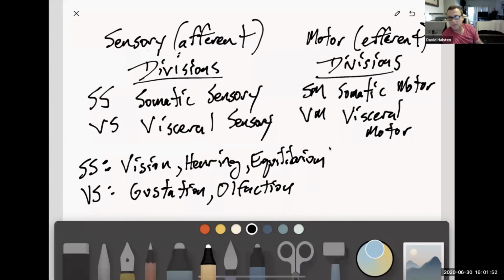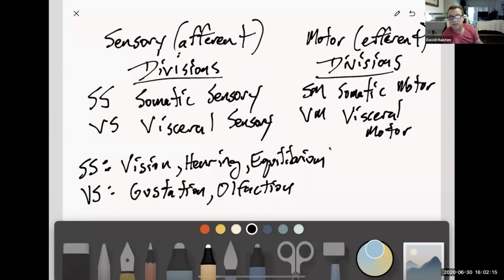Those are just some of them that we looked at. Pain receptors in your skin, dermis pain receptors, temperature receptors, all these sort of receptors, those are all considered SS division, somatic sensory.